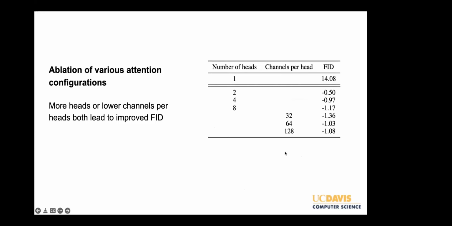And next, the table of this ablation of various attention configurations indicates that more heads or fewer channels per head improves the FID. So these are all the changes related to the improvements in the architecture.